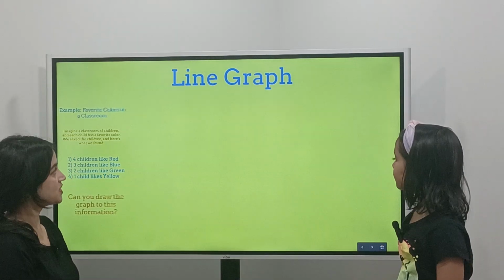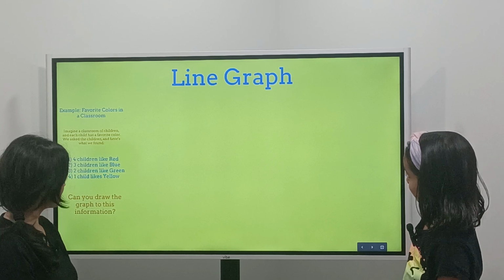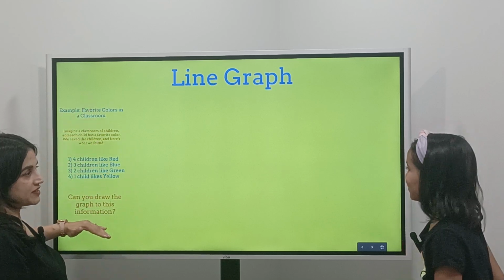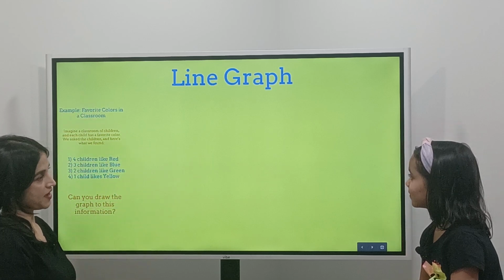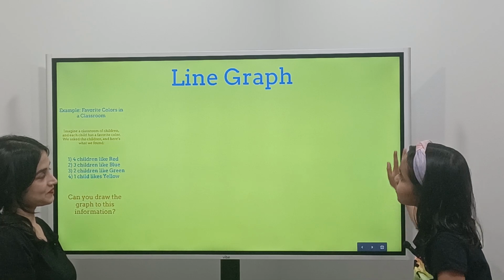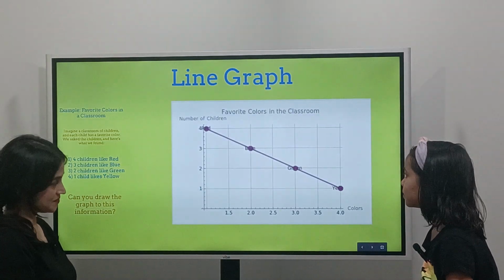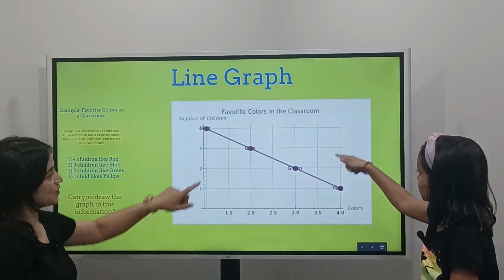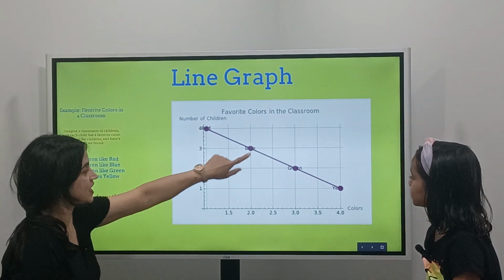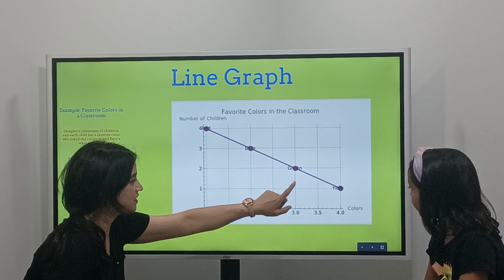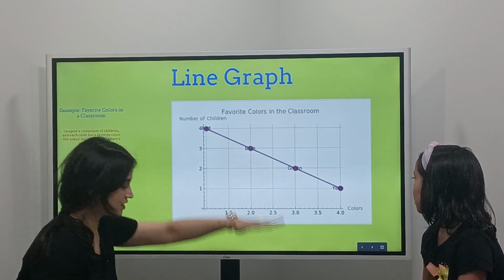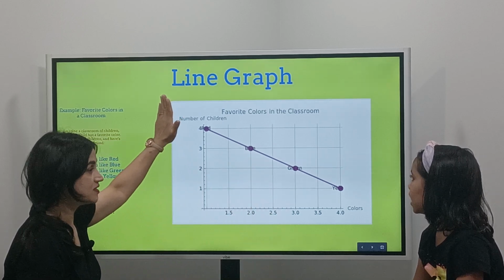So that's the example of the pie chart and the line graph. Here are all of these statements, and here is the example of the graph. So this is red, that's blue, that's green, and that's yellow. Yellow is at the bottom, and red is at the top.